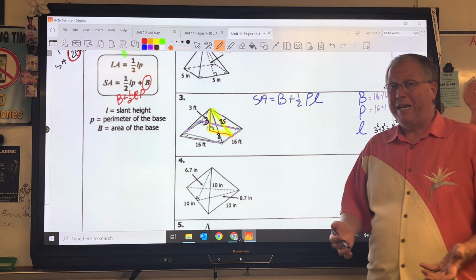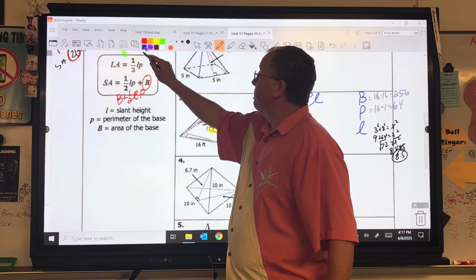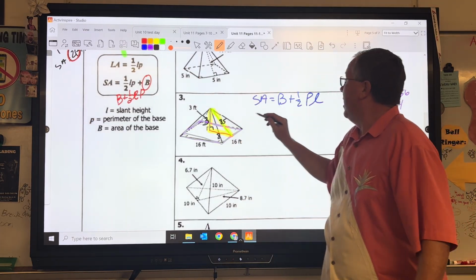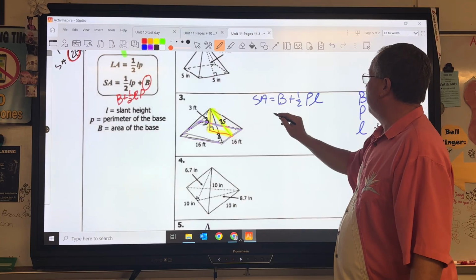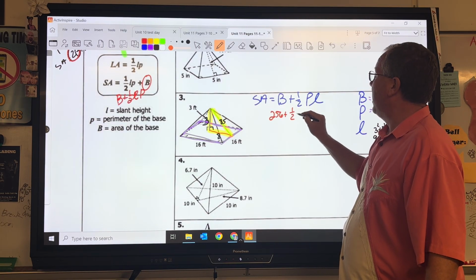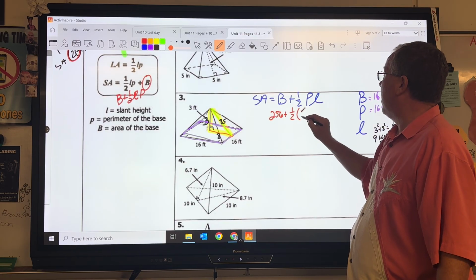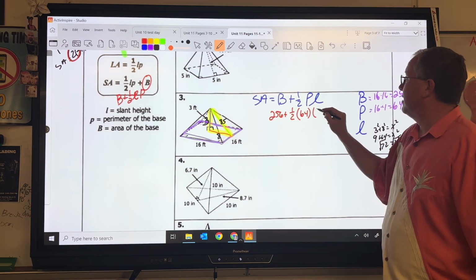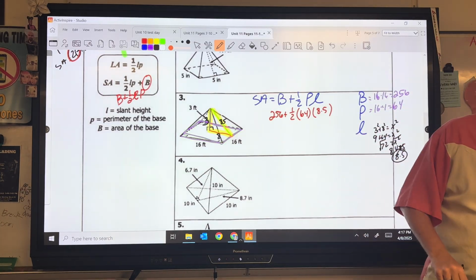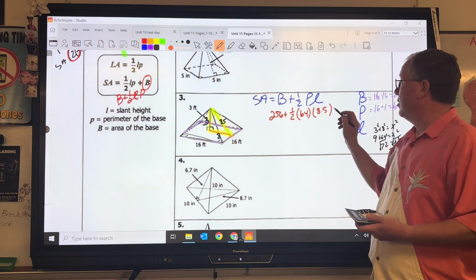Now I have all the pieces I need for my formula. I come back and this surface area is equal to the base, which we already found out was 256, plus 1/2 times the perimeter, which we found out was 64, times my slant height, which was 8.5. I've got to multiply everything on this side.